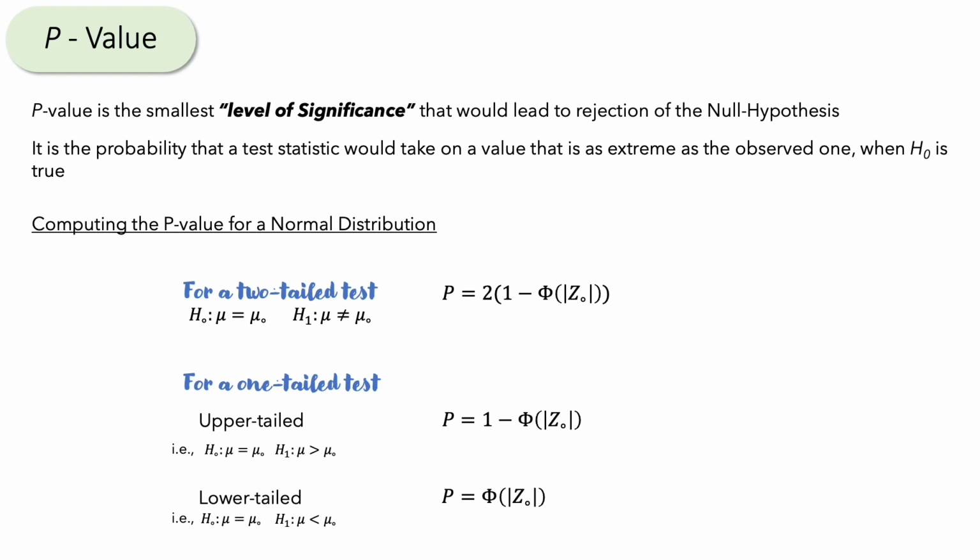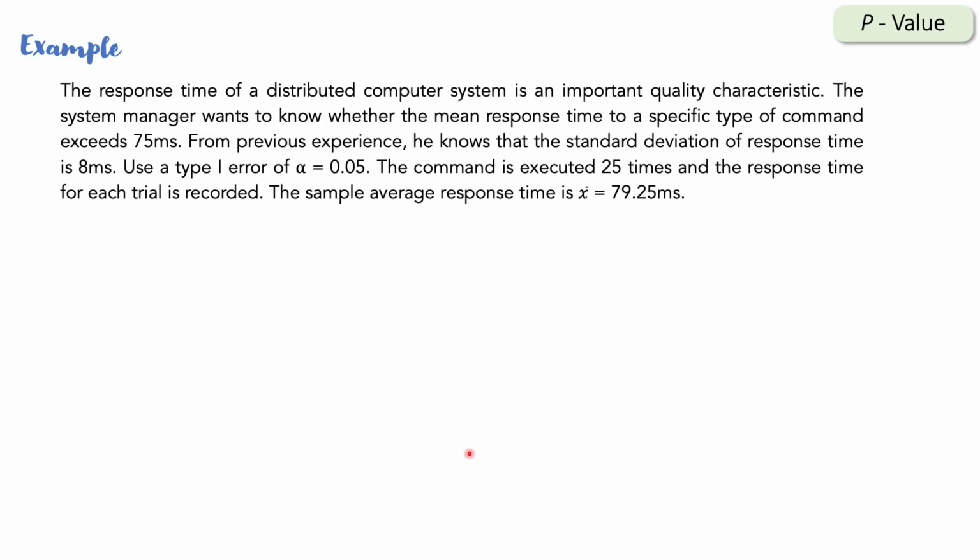Now let us look at an example of p-value. Okay, this is the same example that we did before, but now we are doing it through the p-value. The last time we did it with the z statistic. Now we are solving the same problem but with a different approach.